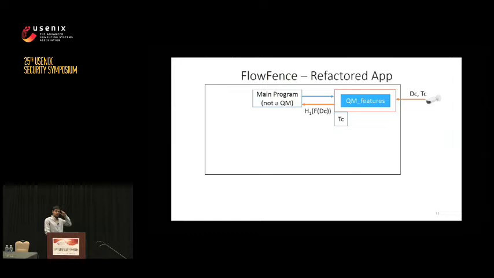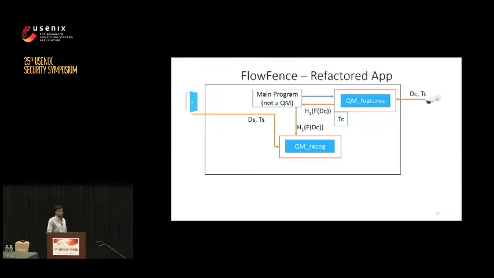Now the only useful thing the main program, the non-QM code, can do with this handle is to send it to another QM, because outside a QM, a handle is not the raw sensitive data. So here it sends it to another recognizer QM. This QM also accesses the door state data, labeled differently. Since this QM has accessed data from two different kinds of sources, the taint labels on the sandbox running that particular QM reflect that it has accessed camera data and door state data.